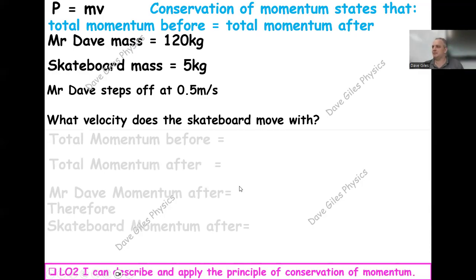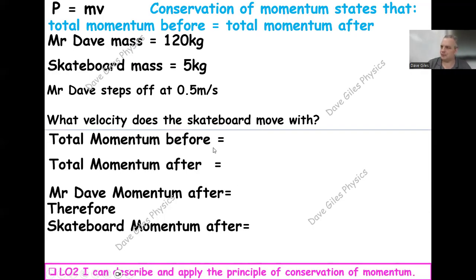So total momentum before, well, I was stationary at the start. So the total momentum before is going to be 0. So that means, according to this law, momentum before equals momentum after, that the total momentum after must also be 0 kilogram meters per second. However, we can break it down into different parts.